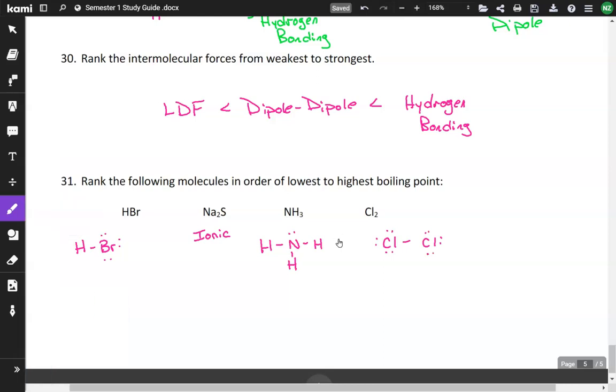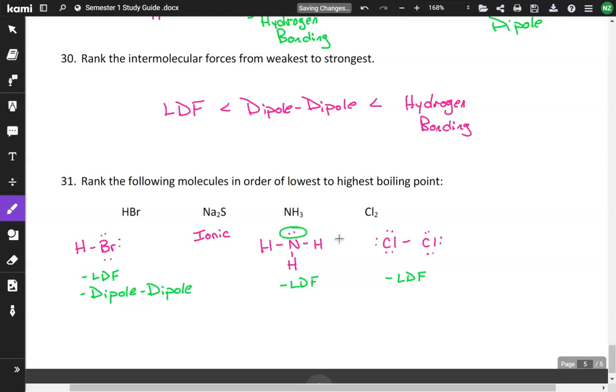Okay, so let's go through and talk IMFs first, and then we'll talk boiling points. So the first one here, this is going to be LDF. Actually, this will be LDF too. And this will be LDF, because they're all LDF. This one is polar, so it is also going to get dipole-dipole. It's polar because you have two different things attached.